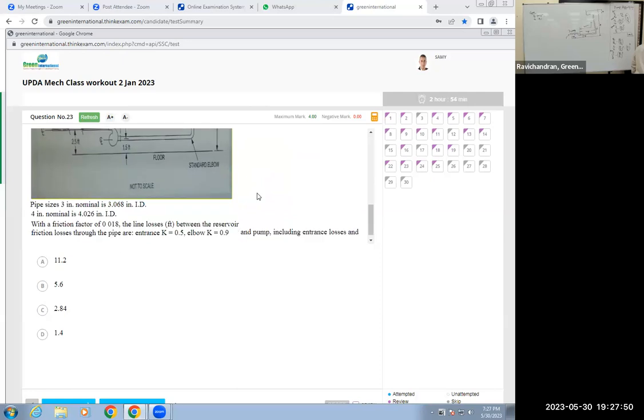So here it is 4-inch, ID first, then 3-inch. The pressure is 120 psi.